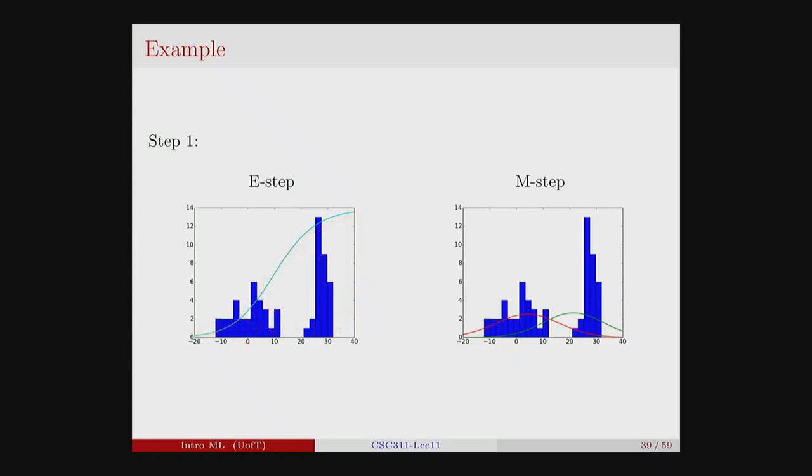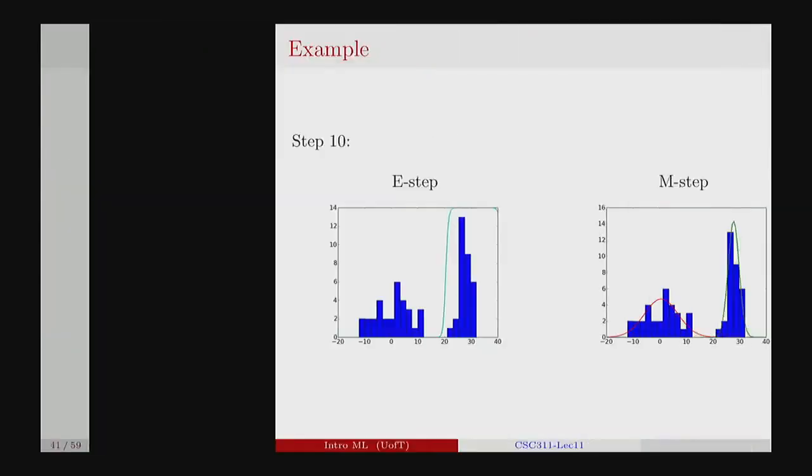And we're going to use this to now update the model parameters. So what we previously had were these two Gaussians. And now we have Gaussians that are a little bit more confident about which region of data they're actually trying to explain. And then we're going to rerun the E step, which is going to give us these two Gaussians after refitting the parameters. And we'll do this a few more times.